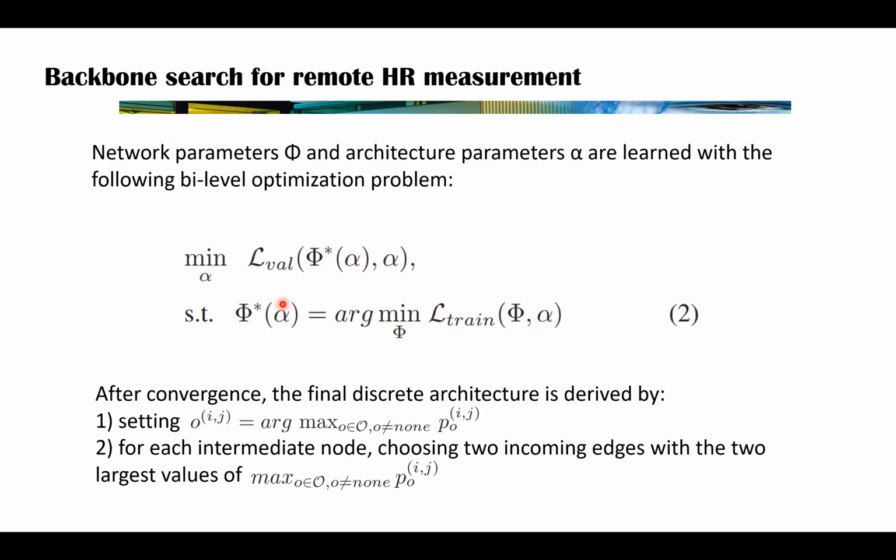After the search converges, the final architecture is obtained by setting the maximum probability operator for each node, and we also choose 2 incoming edges for different nodes.